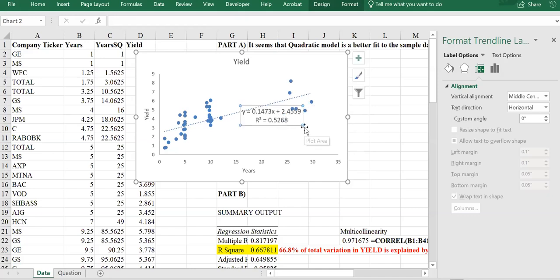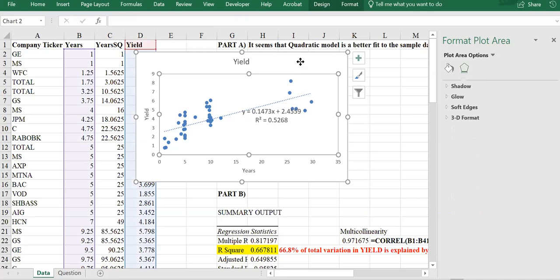Yeah, all right. So this is for the linear equation, and I have the R squared for that.